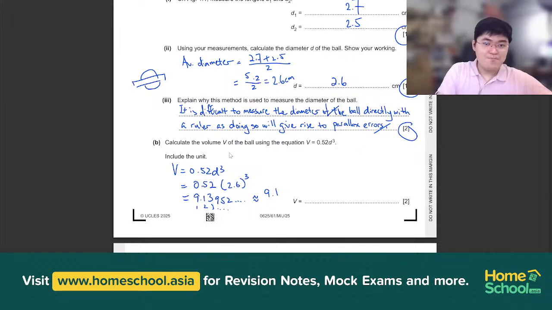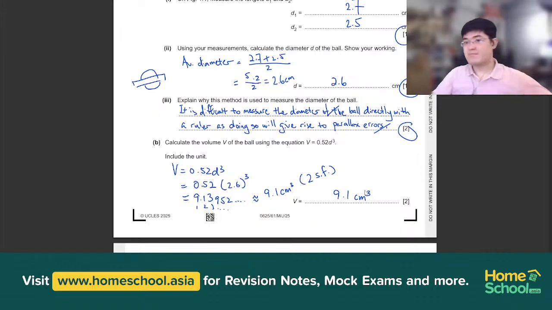And what's the unit? Because this is volume, and d is in cm, cm to the power 3 is cm cubed. And we have to write down two significant figures. Let's write it down nicely on the answer over here: 9.1 cm cubed.